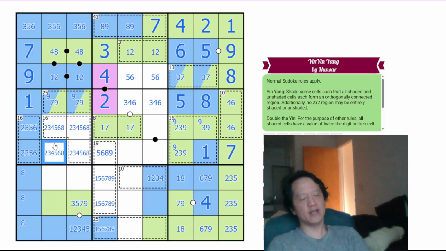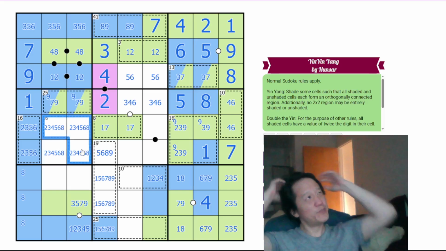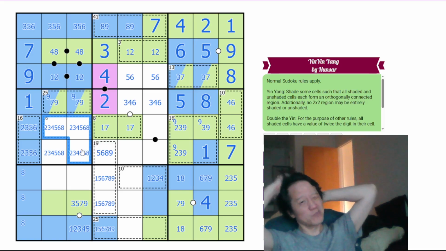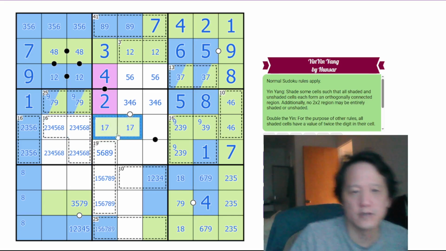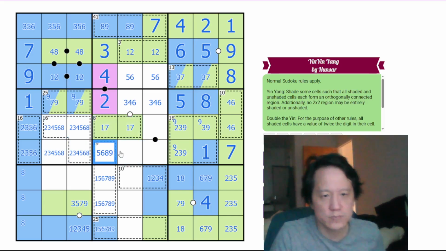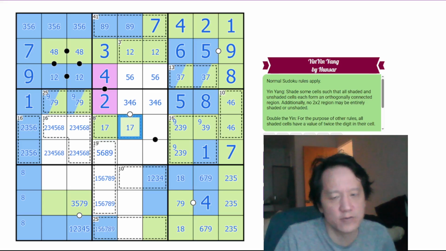Can you ever have 8 outside? No. Because these, well, maybe? 1 and 7 are here. 1 and 7 are consecutive. 1 cannot be consecutive with 3. 1 would only have to be consecutive with 2.